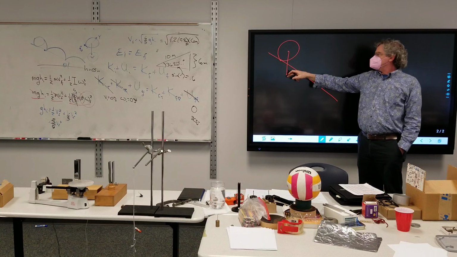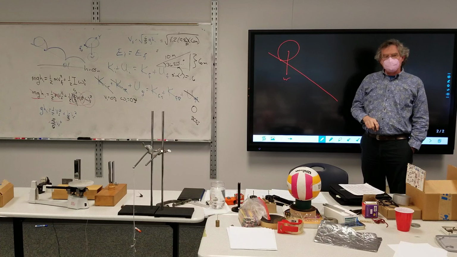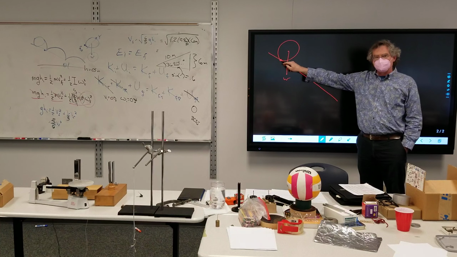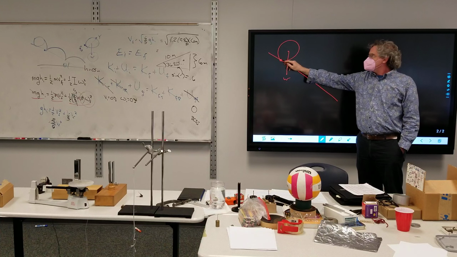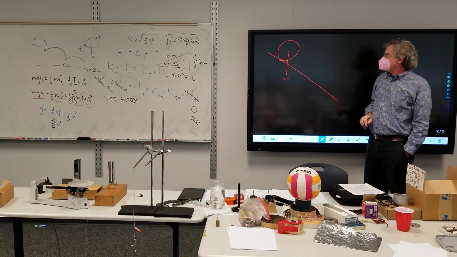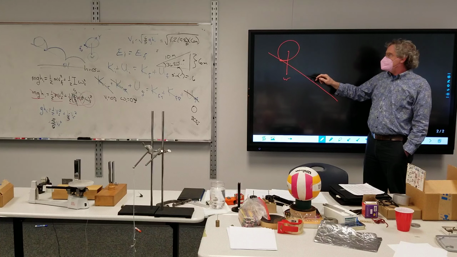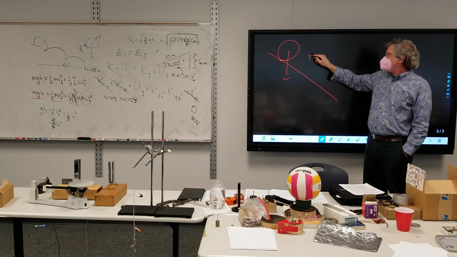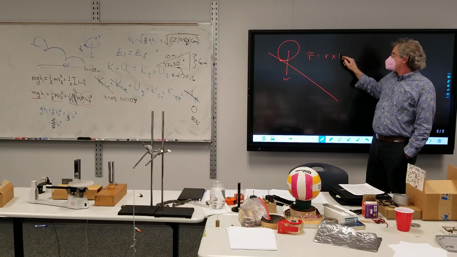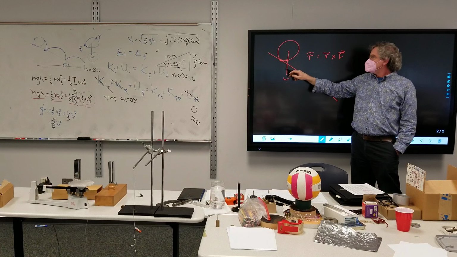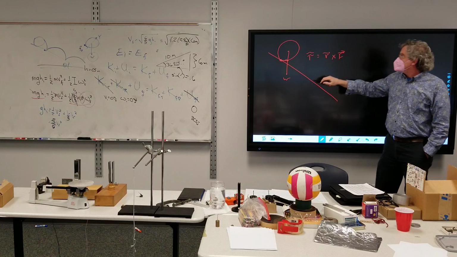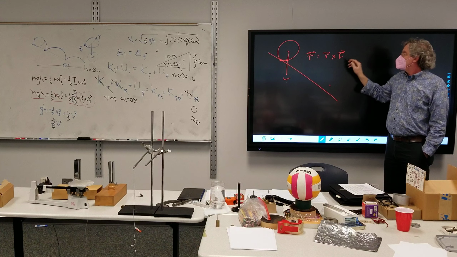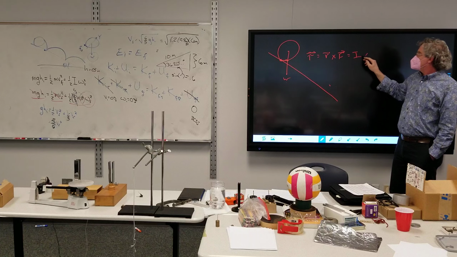So this weight right here is creating a torque about the pivot point here. You can figure out what that distance is, and therefore you can find the torque of the wheel, with R cross F. So R would be that vector. The force is weight. Find the torque, and that's going to be equal to I alpha.